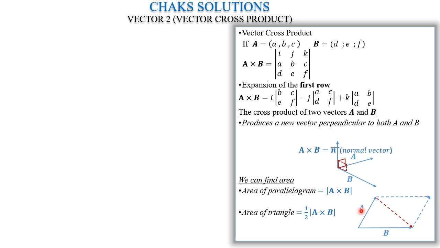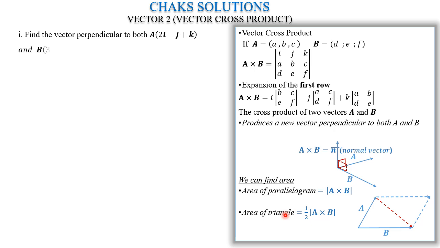What you need is two adjacent sides making an angle, and if the other side completes the triangle, you can find the area of the triangle by using half the modulus of the cross product of the two vectors which are making the angle, or which are adjacent to each other. All right, so this is what we can do here.